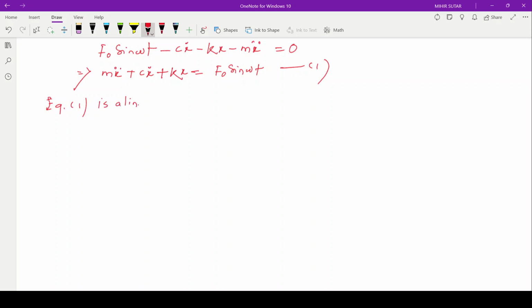Now this equation 1 is a linear second order differential equation and the solution has two parts.